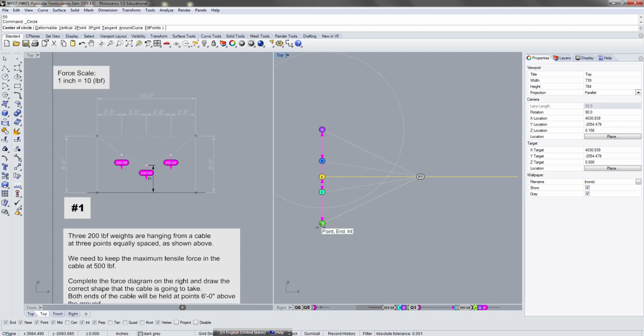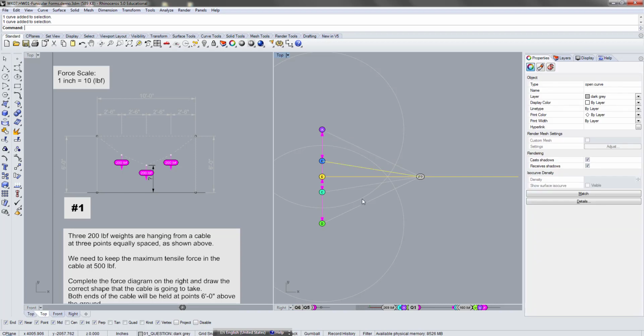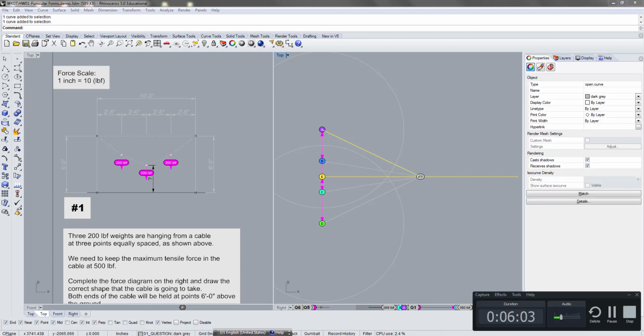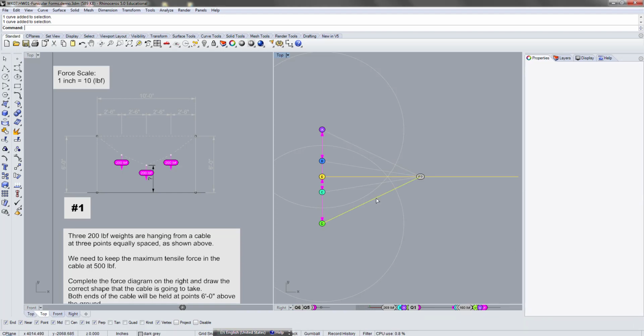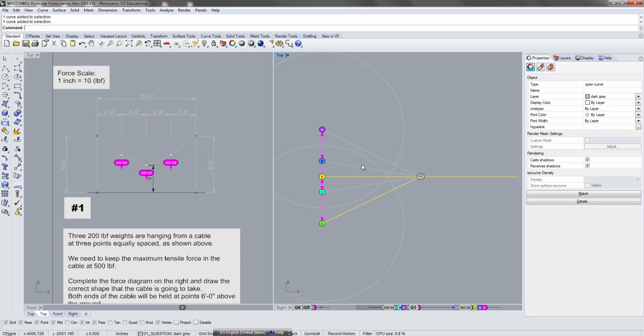I need to also do it from point D, because of the potential line, whichever one that can be the longest line. So in this diagram, what could be the longest line is either the bottom one or the top one. In this case, actually, because it's completely symmetrical, these two are equally long.